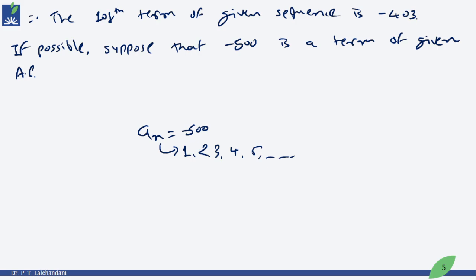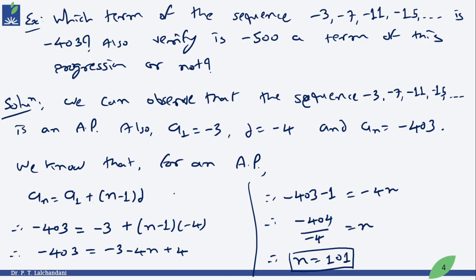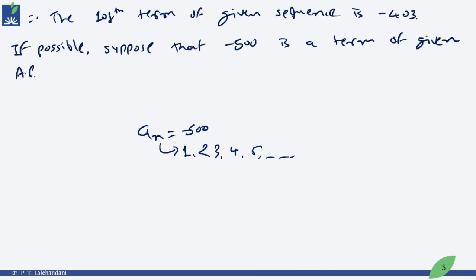Again we'll use the same formula and see what value of n we get. If we get the value of n to be some natural number, then minus 500 will be a term of the given sequence, right? And if we are getting the value of n in fractions, then minus 500 will not be a term of the given arithmetic progression.